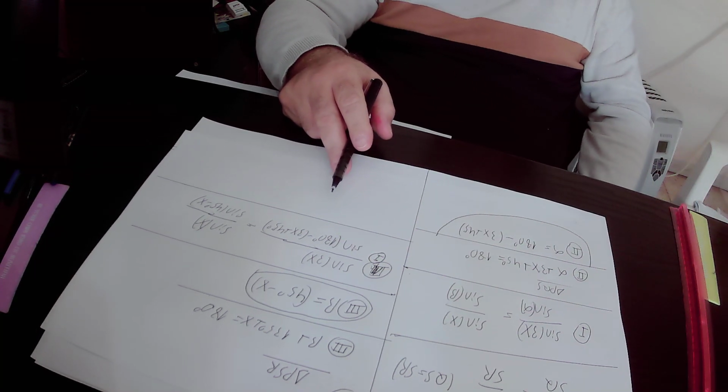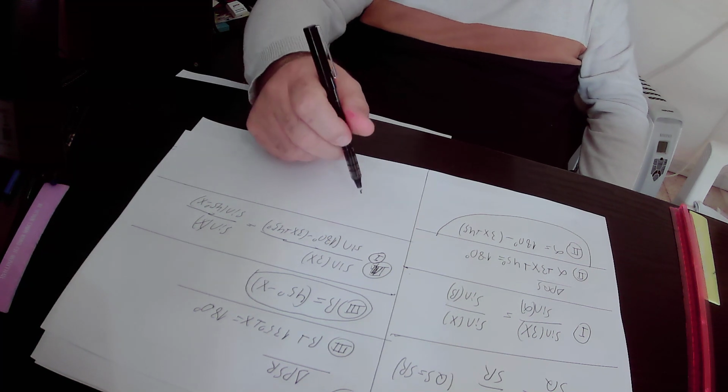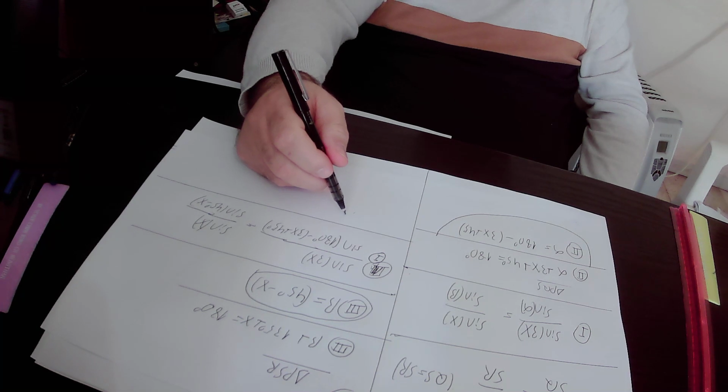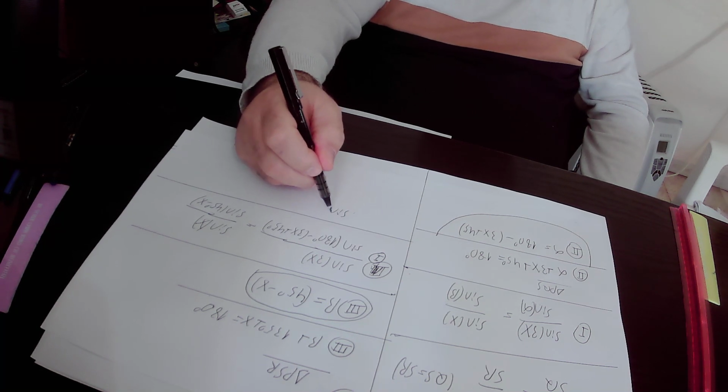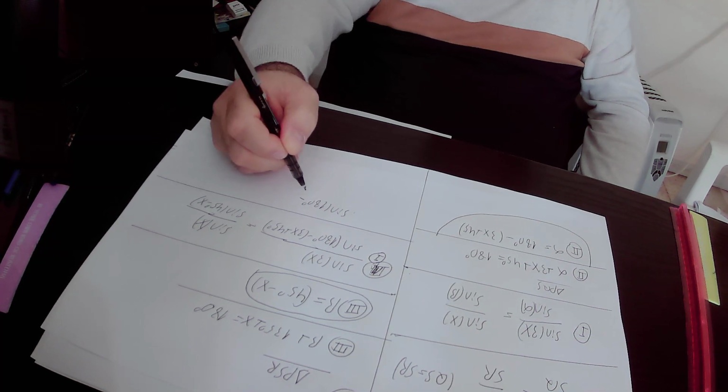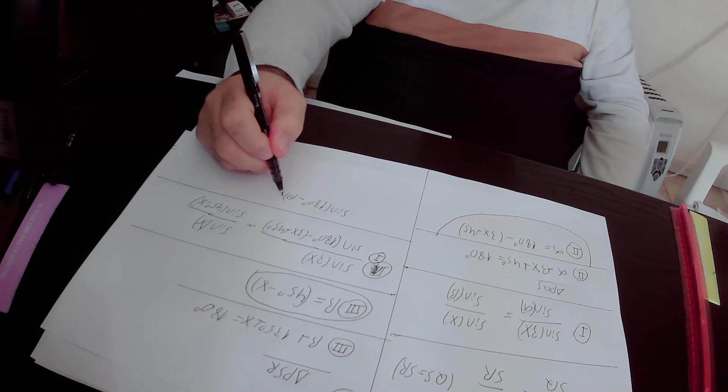We have the trigonometric identity that states that sine (180 degrees minus theta) equals sine theta.